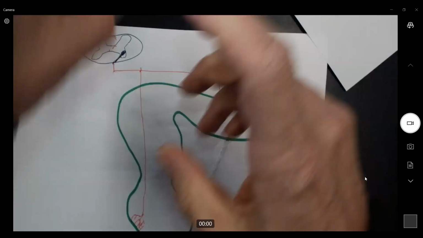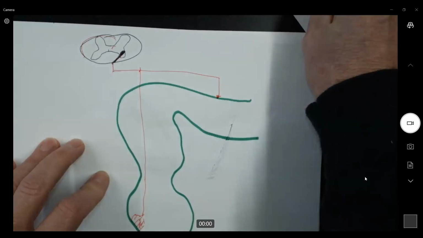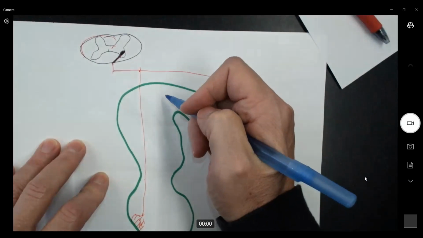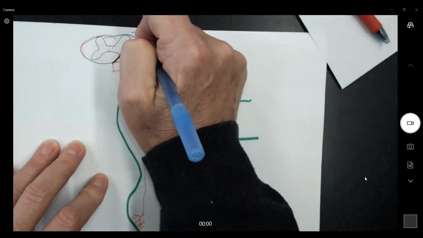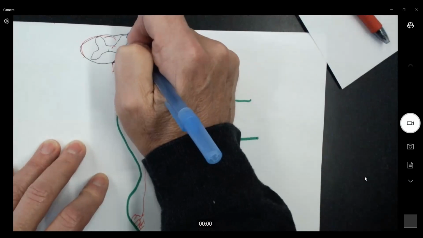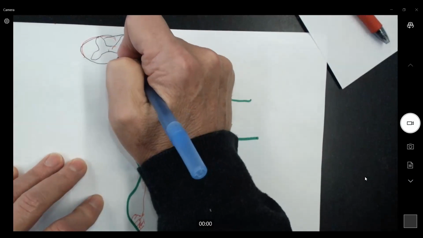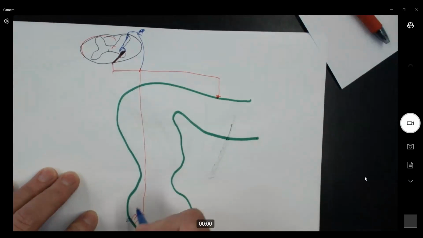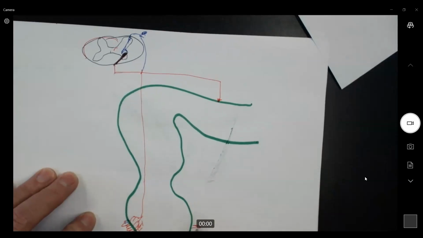Should have done that in the same color, but too late now. All right, so you have connections. The sensory neurons are going to come in. They will then connect to the motor neurons that are going to connect to the muscles, essentially here.